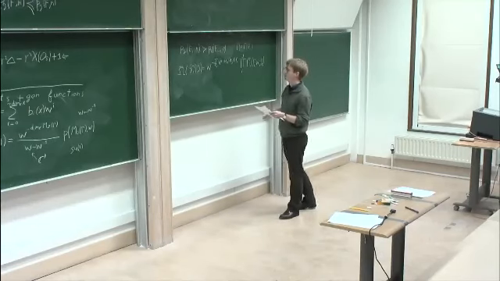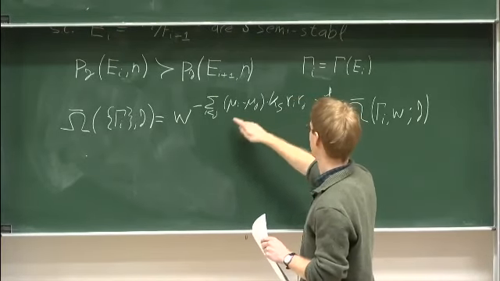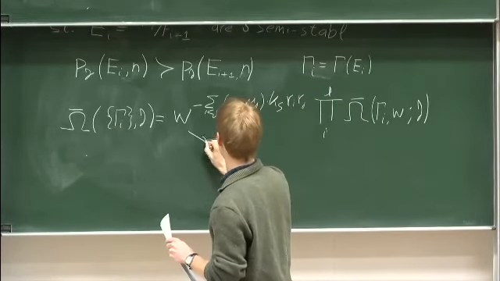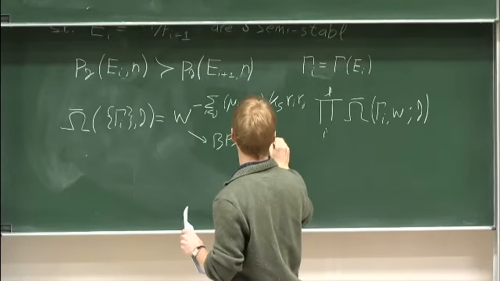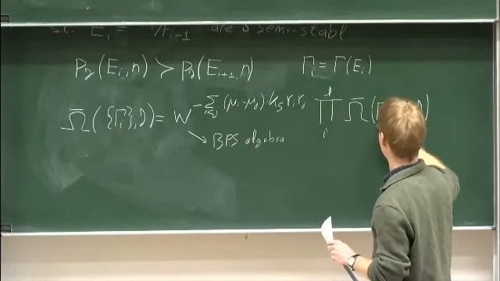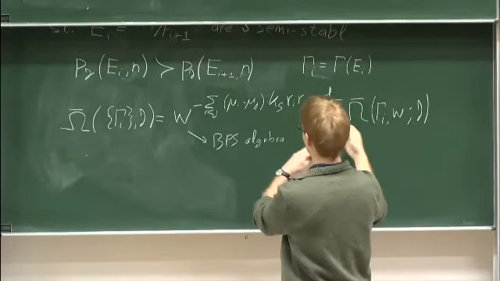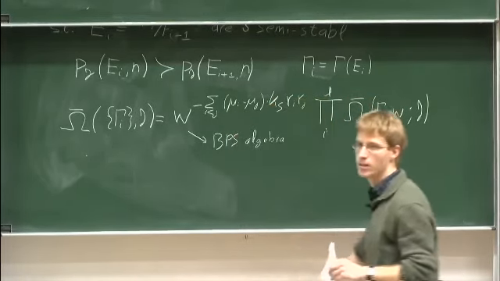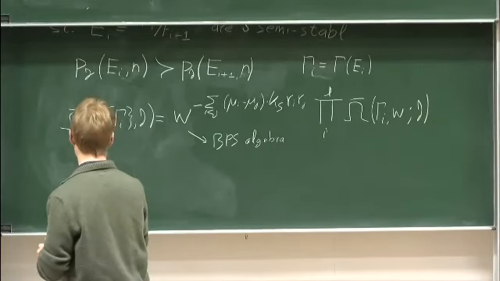And actually, it is precisely these W powers which are in the mathematical literature sometimes associated with the BPS algebra. So you associate to this charge a Lie algebra element, whose commutators precisely get these W powers.